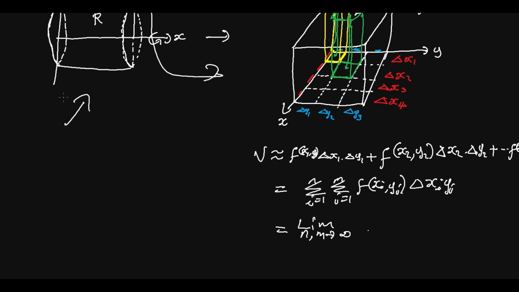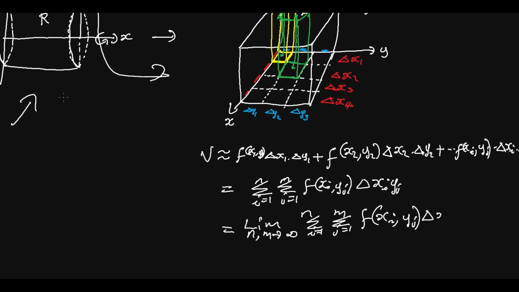So that is what we want to see. Here i equals 1 is where we start, and j equals 1 is where we start, of f of xi, yj, delta xi, delta yj.